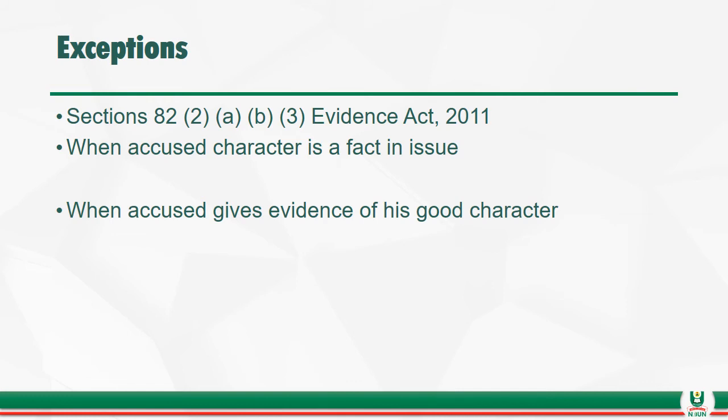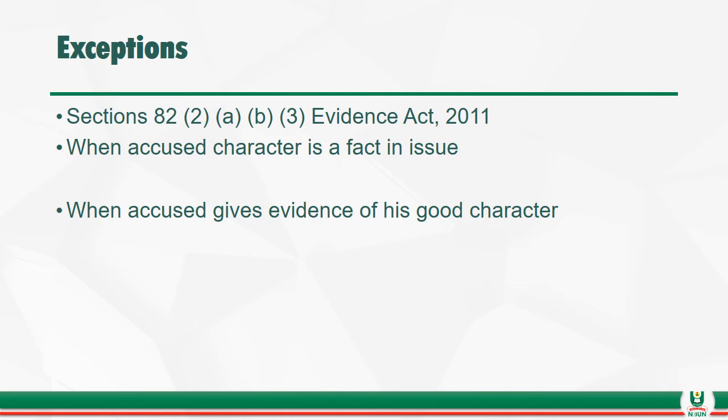Under section 249 of the Criminal Code, a previous conviction is thus a fact in issue. So we have seen that in certain circumstances, when the accused's character is a fact in issue, previous conviction or bad character becomes relevant and therefore admissible in evidence.